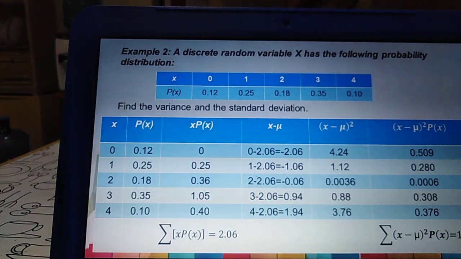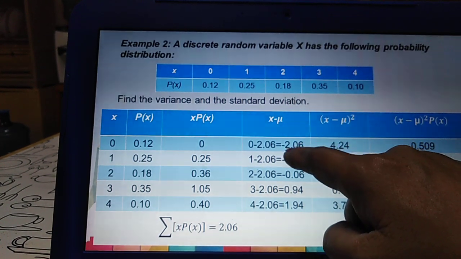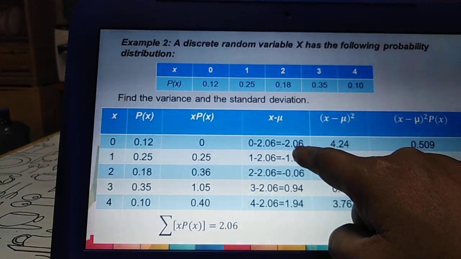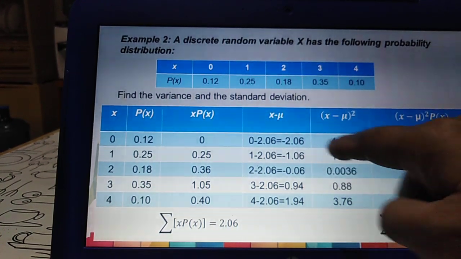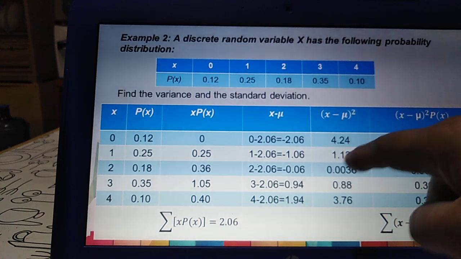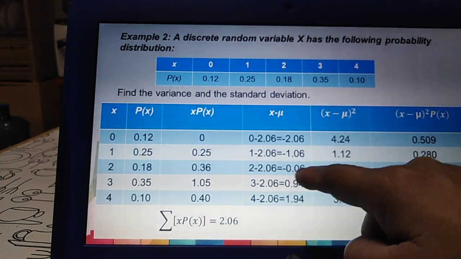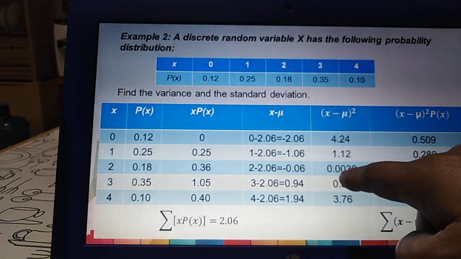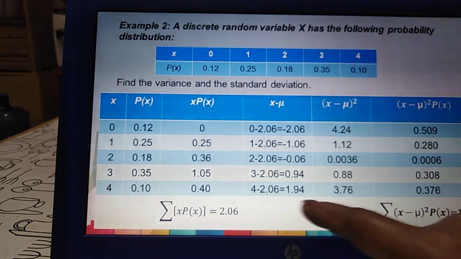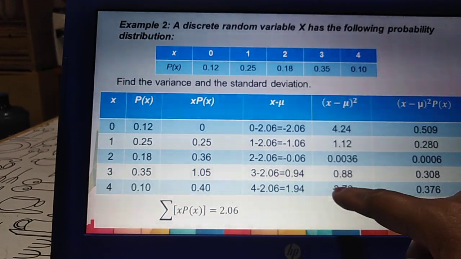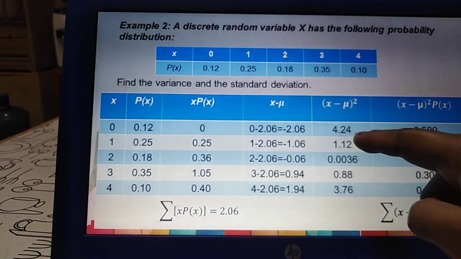And then we square these. Negative 2.06 squared is 4.24. 1.06 squared is 1.12. 0.06 squared is 0.0036. 0.94 squared is 0.88. 1.94 squared is 3.76. The squares of these, we multiply with the probability.